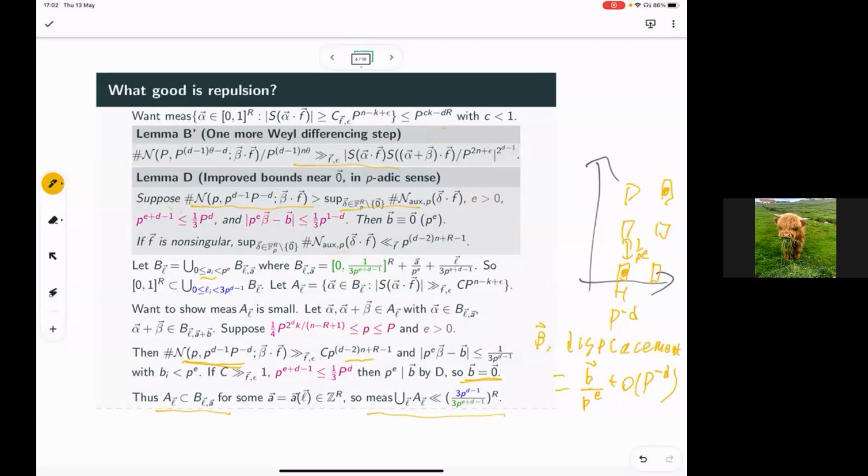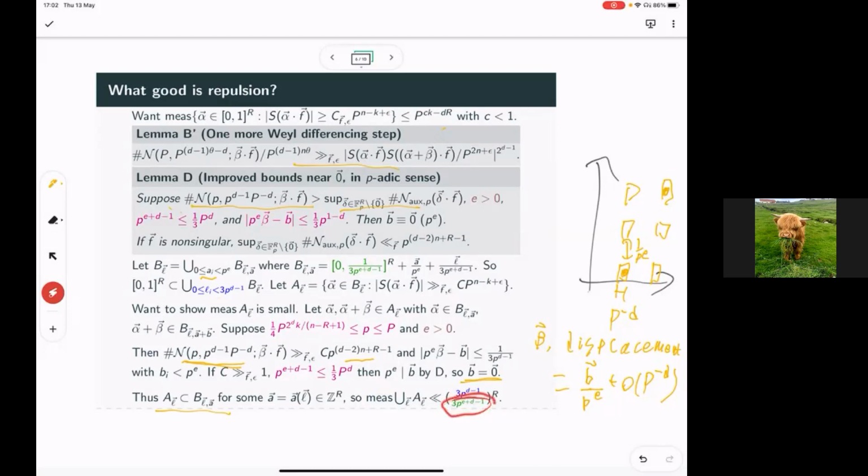And when we put this together, what we find is that because the ALs together cover all of the points where the exponential sum is large, we get a bound for the measure of the set where the exponential sum is large, which looks like this.